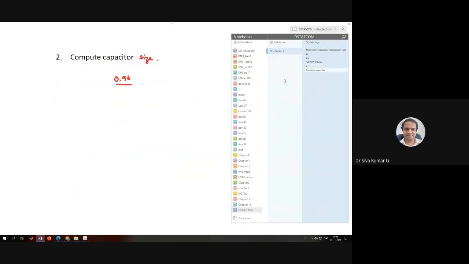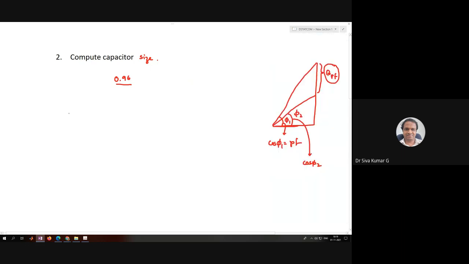We can try to compute now. In the power triangle the real power is the same. The power is equal to 1200 times 0.75, the power factor.